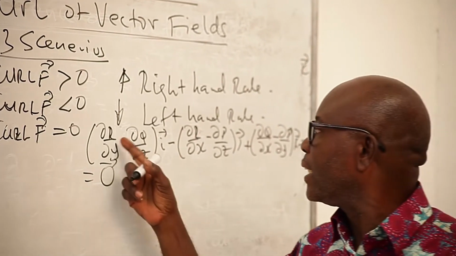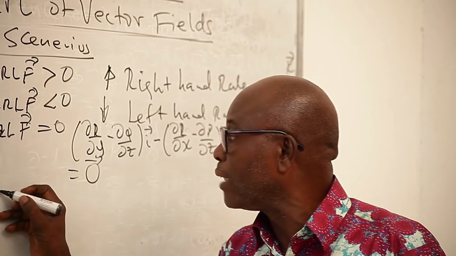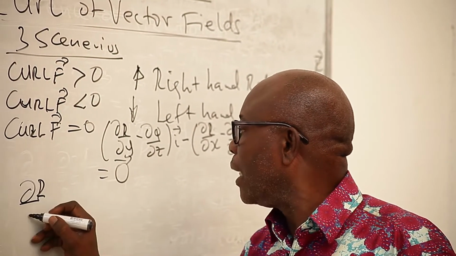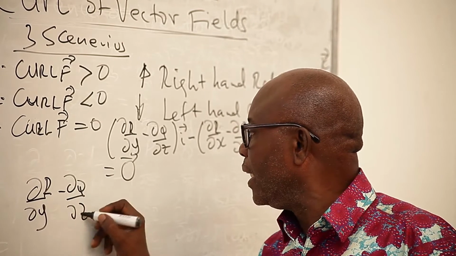It means that the first term, the I direction, is 0, which means that partial R partial y minus partial Q partial z equals 0.